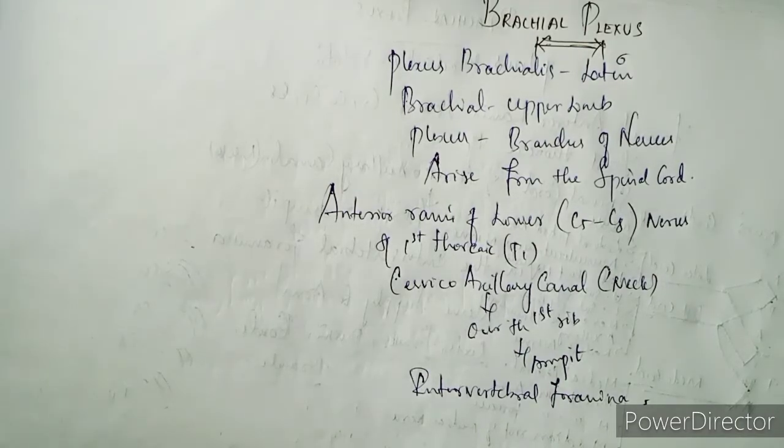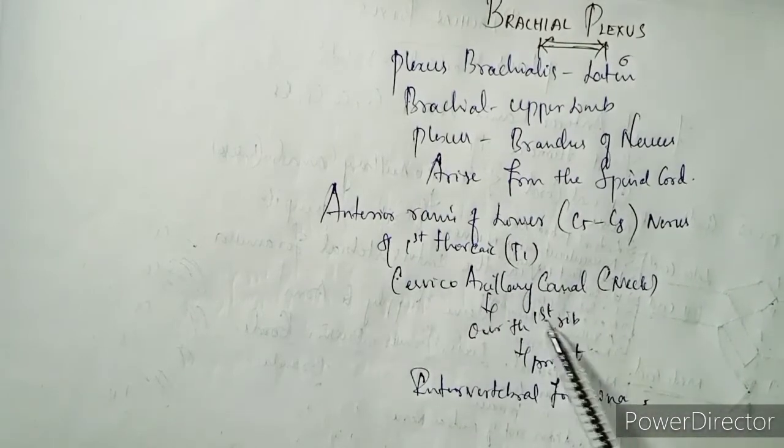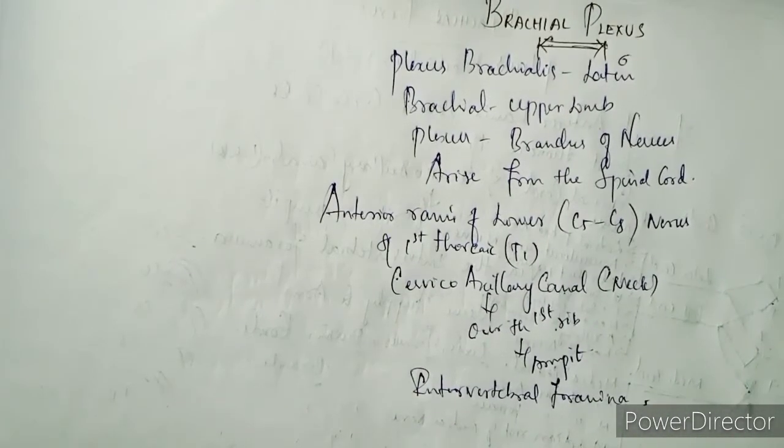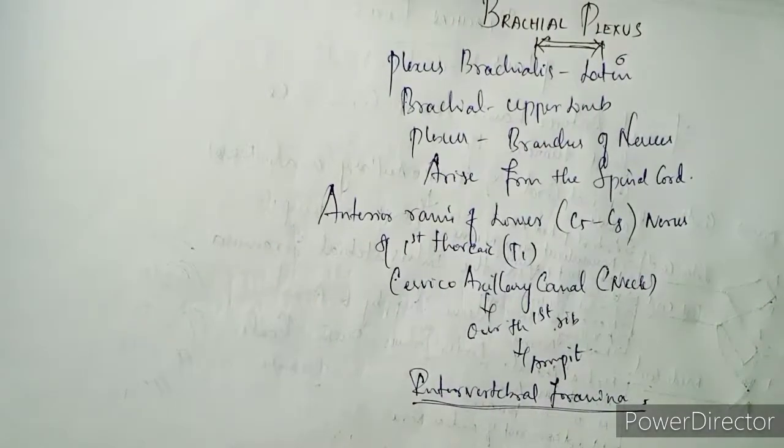The plexus extends through the cervico-axillary canal in the neck, over the first rib, and into the armpit. Another important thing to keep in mind: at each vertebral level, the paired spinal nerves arise and leave the spinal cord via the intervertebral foramina of the vertebral column.